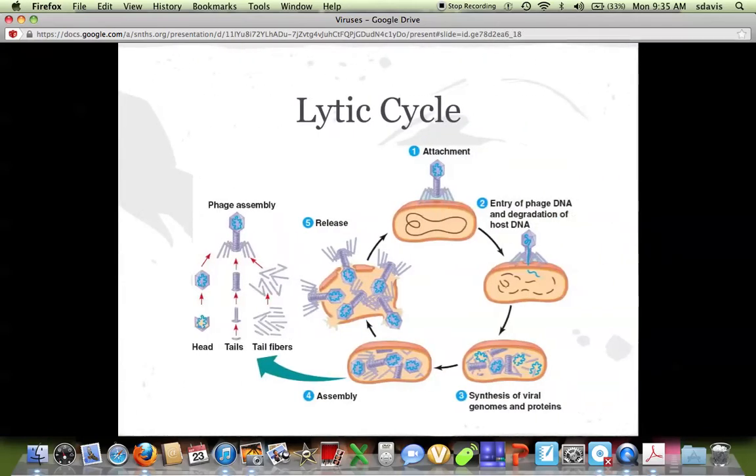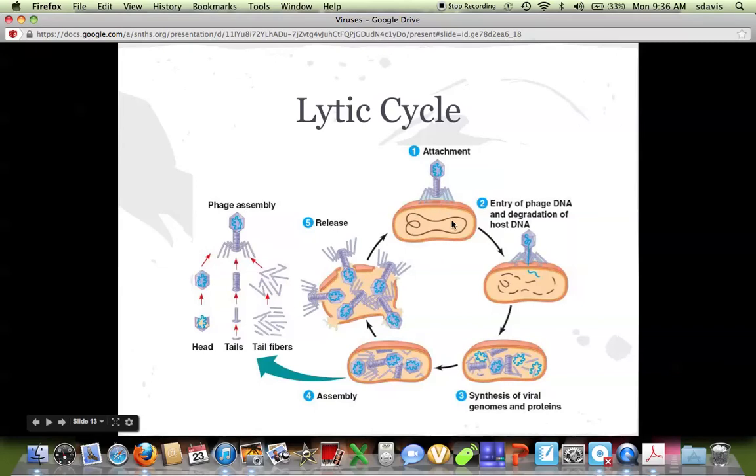And here's the image of the lytic cycle. Again, you can see here the virus, and this is an example of a bacteriophage, or phage type of virus, attaching to the host cell.